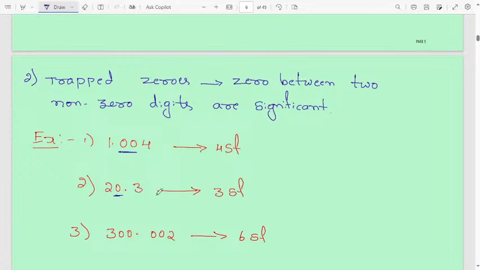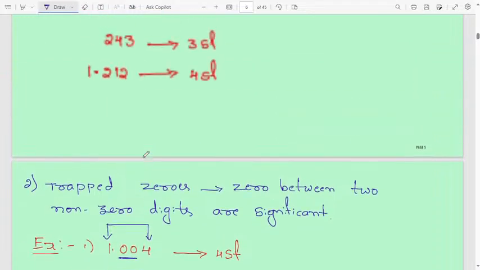Therefore 1 2 3 is the three significant figures. Then these two zeros also are trapped between the numbers 3 and 2. The zero is trapped between the numbers 2 and 3. Then these two zeros are trapped between the numbers 1 and 4. Like this example, these zeros we will consider as significant values.